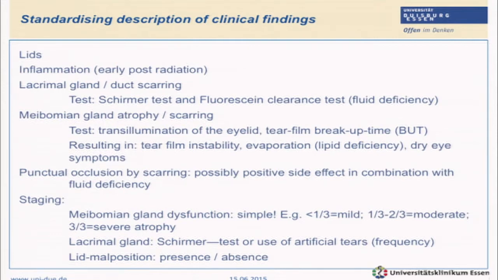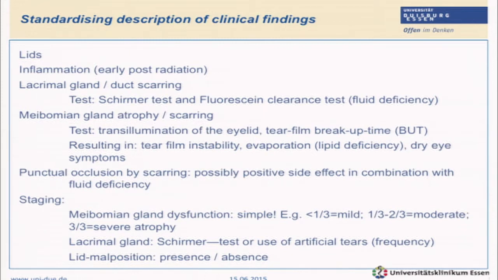And if we look at the lids, we often have inflammation early after radiation, but this decreases within the first 6 months. What is a common and chronic problem on the eyelids is the atrophy and the scarring of the meibomian glands, which leads to instability of the tear film and an increased evaporation of the tear liquid.